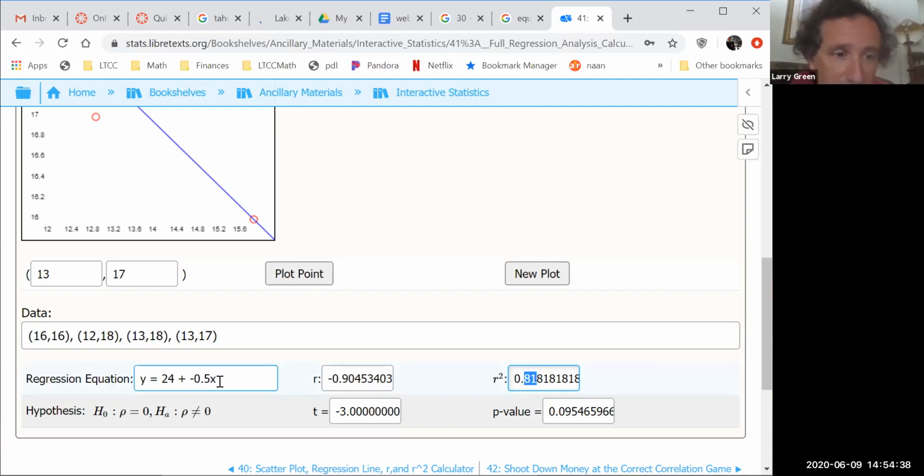Okay, here's the equation of the regression line. Y equals 24 plus negative 0.5x. In particular, the slope is negative 1/2. Is that plus or minus?